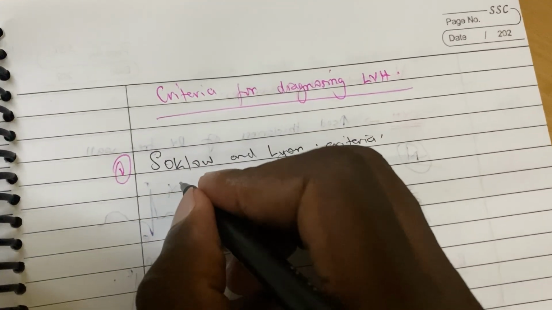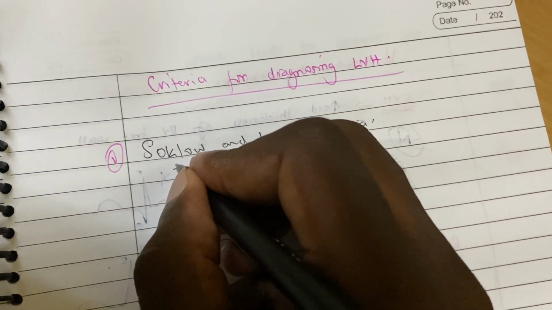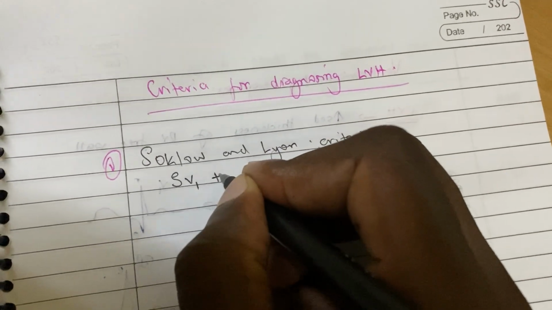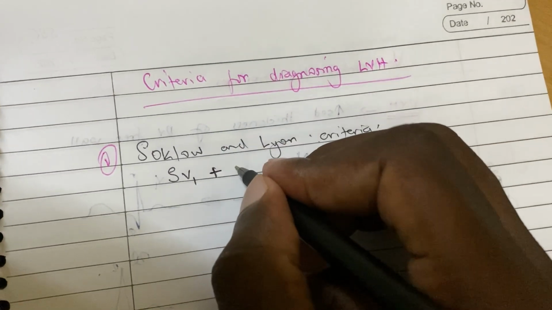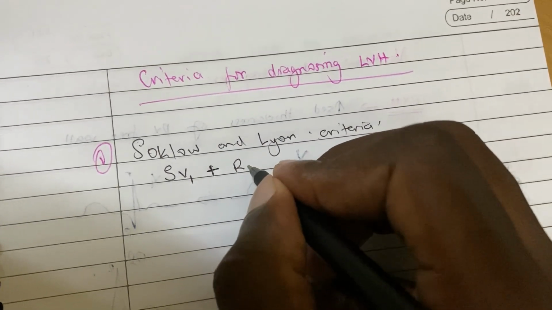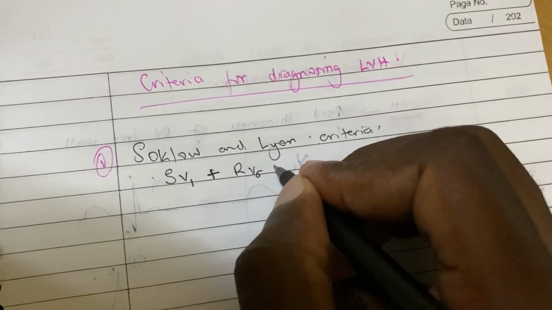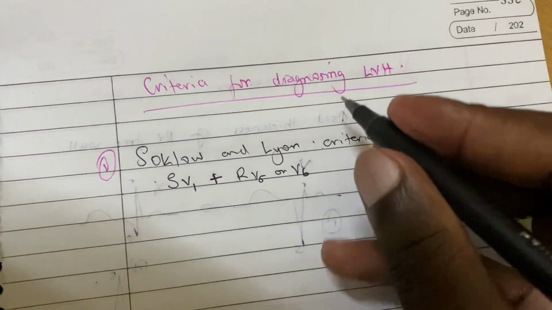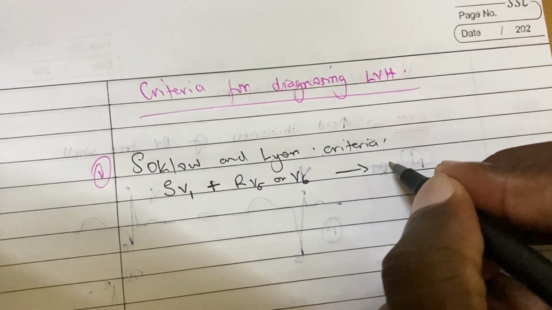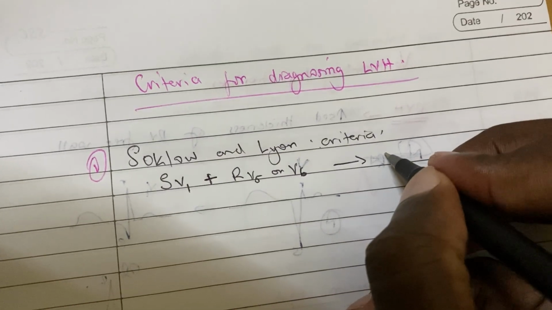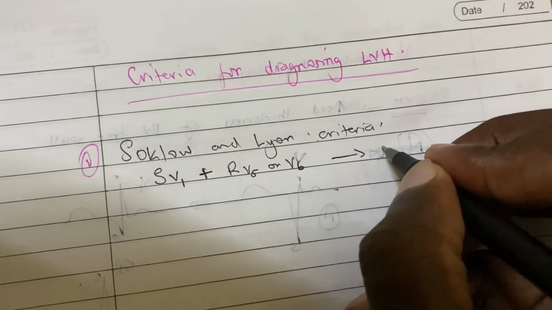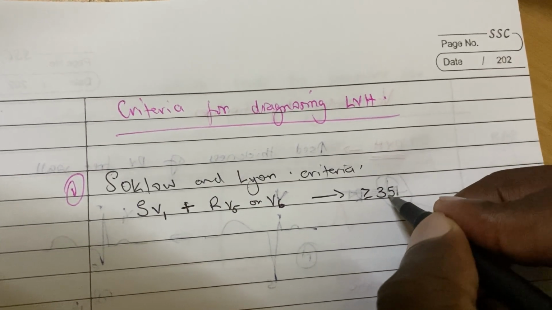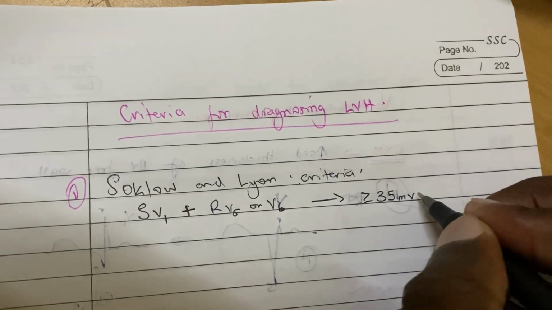You take the S wave in V1, you add the R wave in V5 or V6, and it shouldn't exceed 35 millivolts.